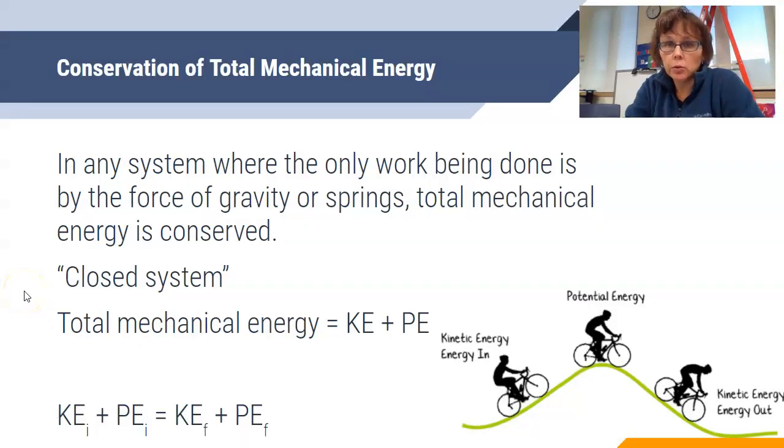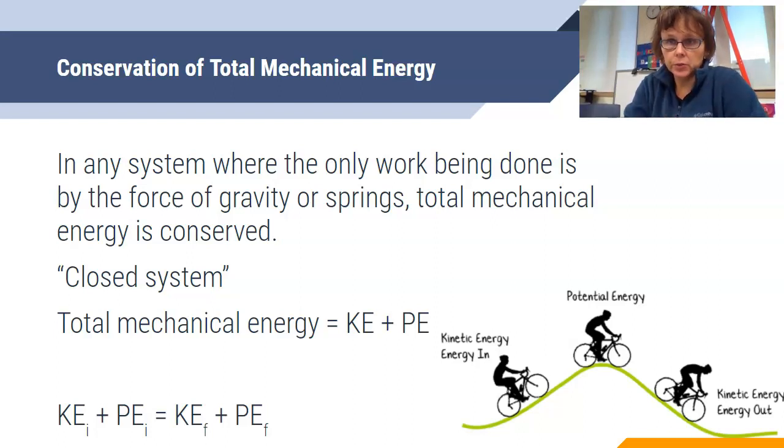So, conservation of total mechanical energy. When we have a system where the only work being done is by the force of gravity or springs, we can say that the total mechanical energy is conserved. It makes sense because the force of gravity and the force that acts on springs are both conservative forces, because they can be restored back, right?